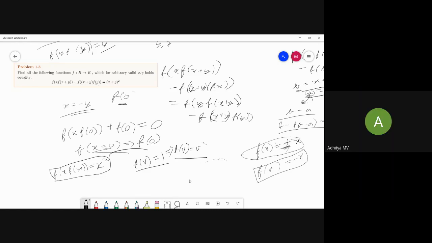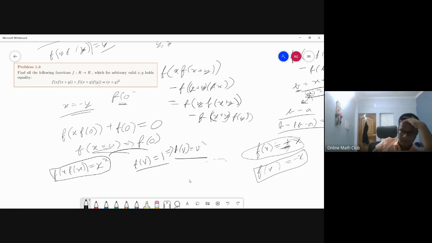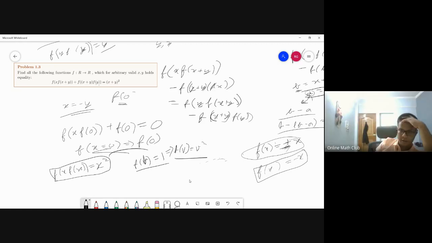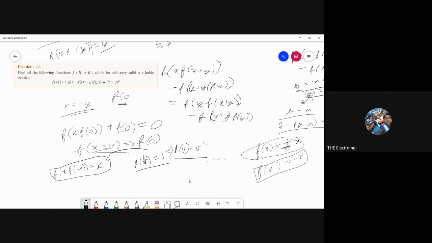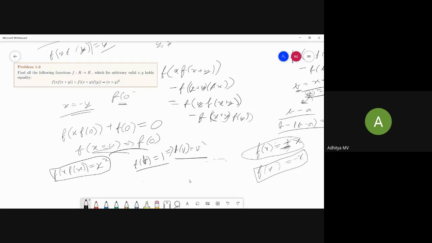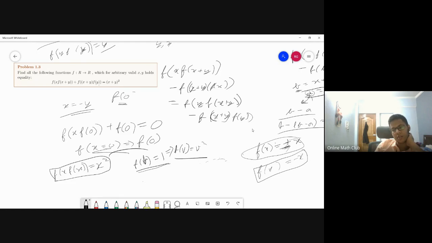Let's take f of b equal to 1. Now we also have that f of a f of b is f of b f of a. Sorry, what did you do? I'm plugging into another equation, not this one. Which equation are you using?